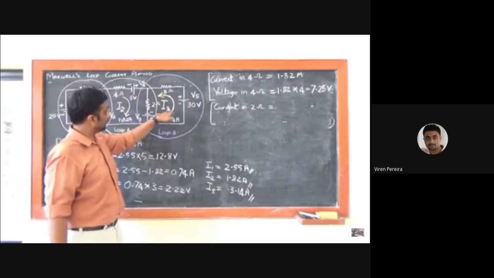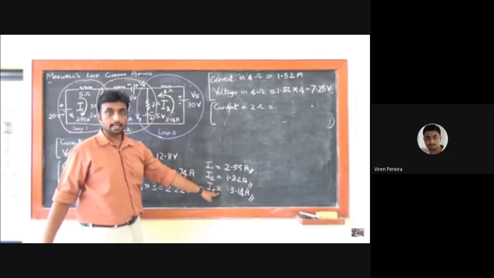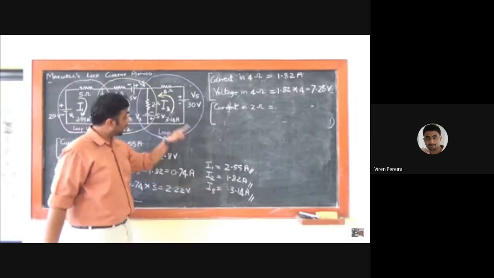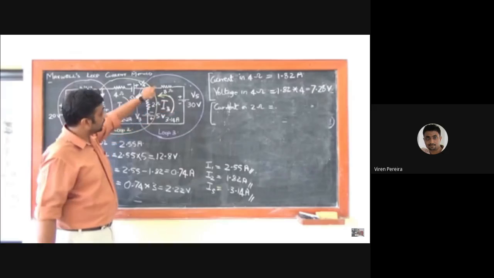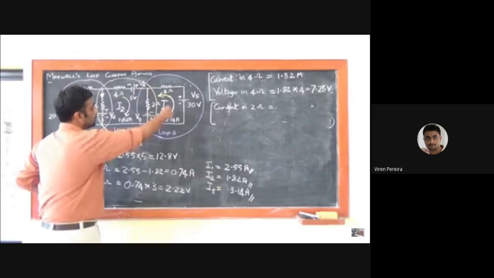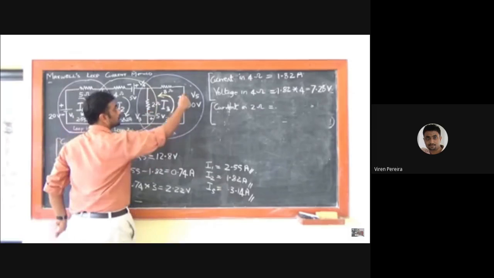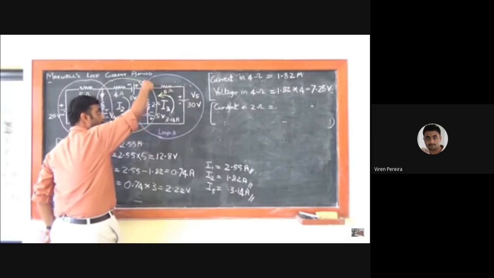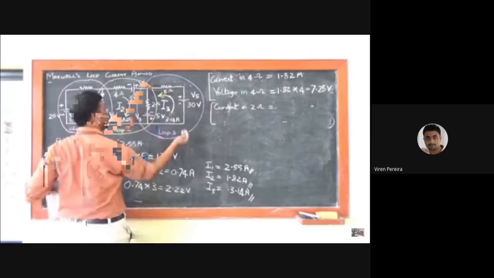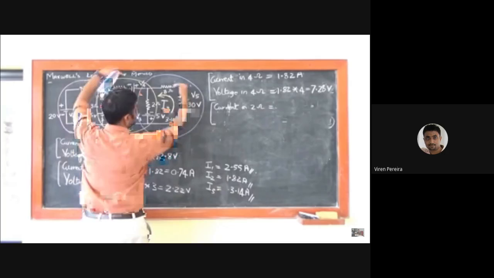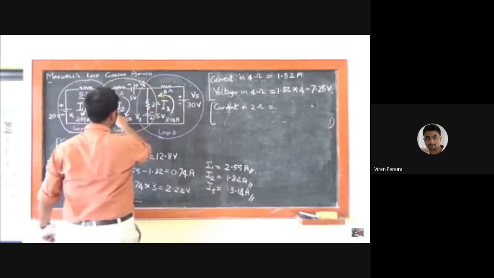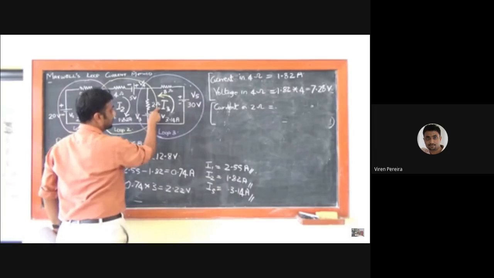But what about I3? Its direction got modified. So if the direction of I3 got modified, what is the direction right now? It is anticlockwise. So I3 is also moving from top to down. So I have I3 and I have my I2 flowing. So it is an addition. So it will be I2 plus I3.